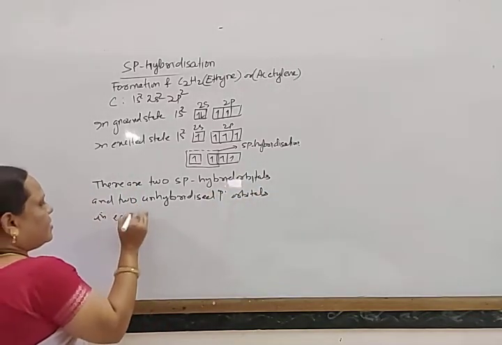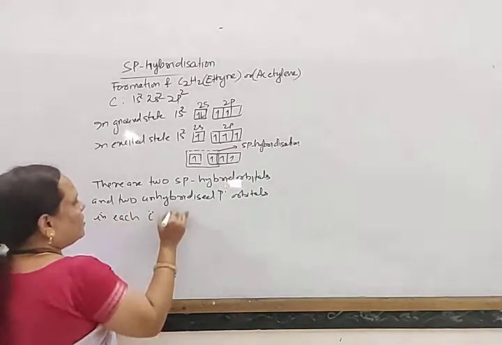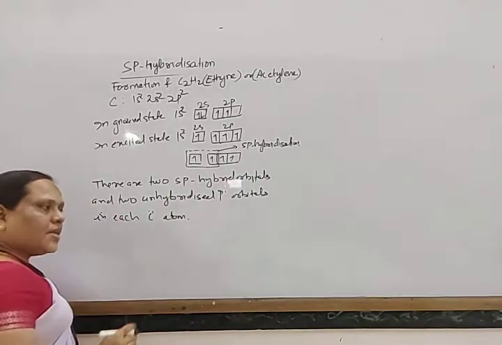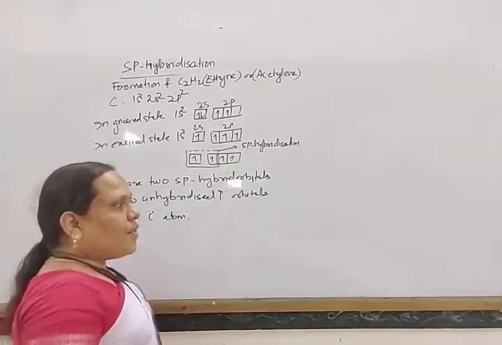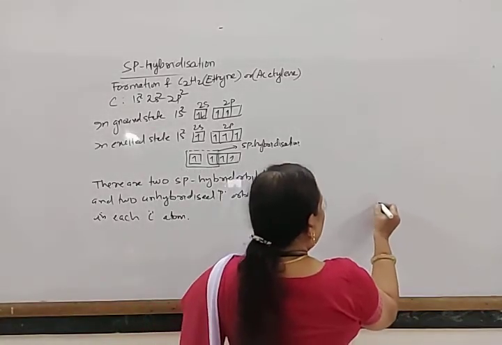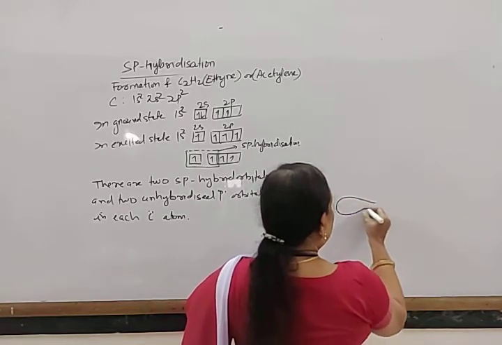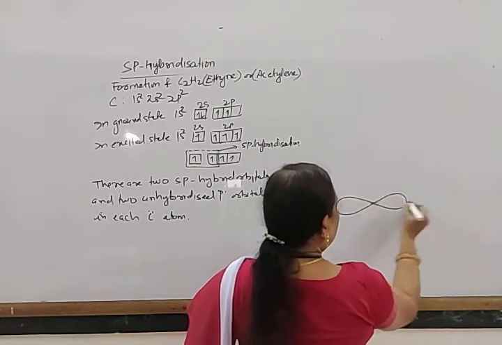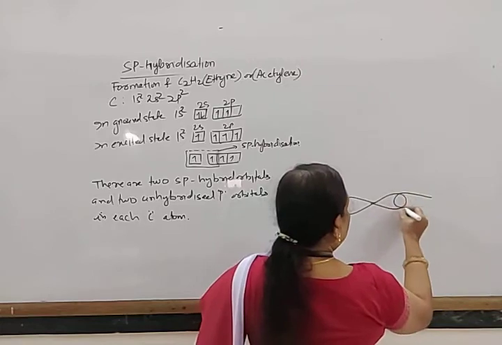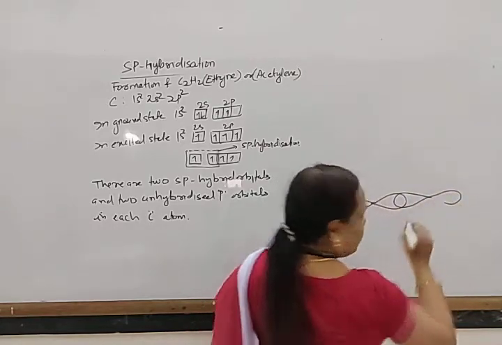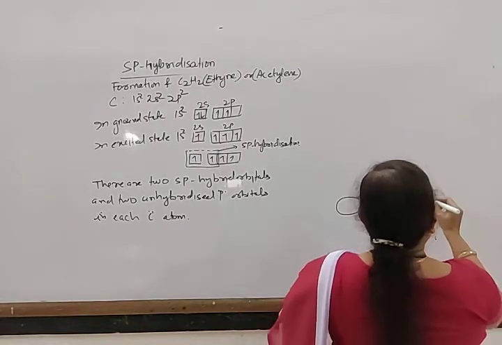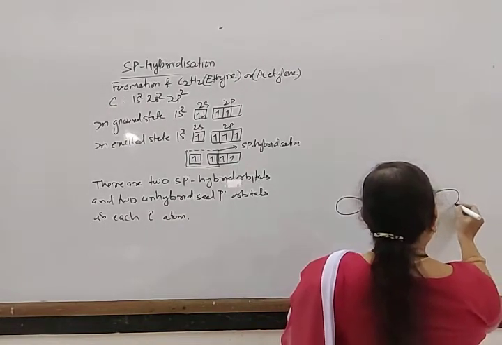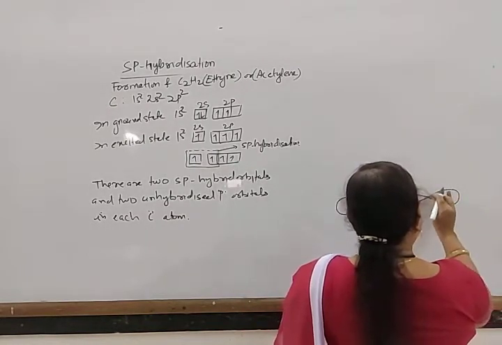Okay, so the sp hybrid orbital of one carbon atom overlaps with the sp hybrid orbital of another carbon atom. For the sake of simplicity, the smaller lobes are generally not indicated in the diagram.